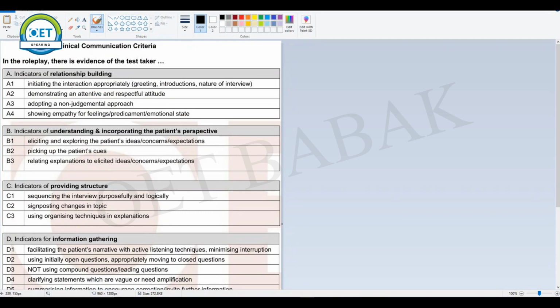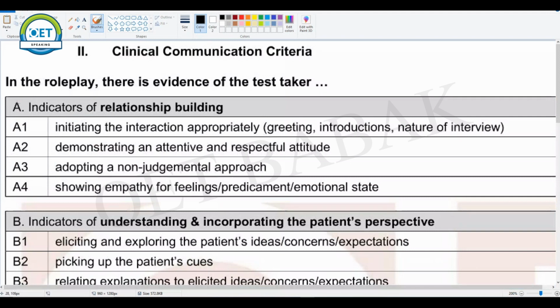So they say, okay, relationship building, that's the first of the 5. A1, initiating the interaction appropriately: greeting, introduction, nature of interview. They say, okay, good, you've done it. Demonstrating an attentive and respectful attitude, yes, you've done it.